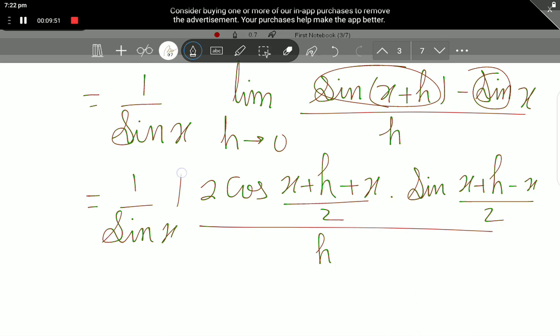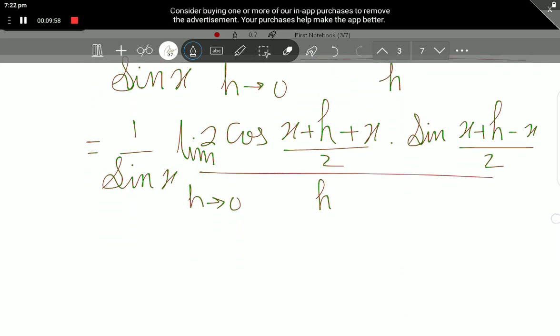We forgot the limit h tends to 0. Limit h tends to 0.